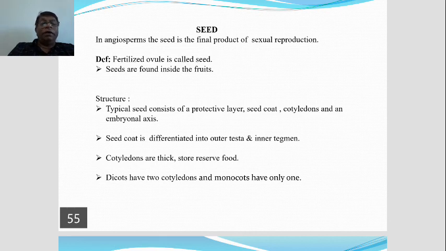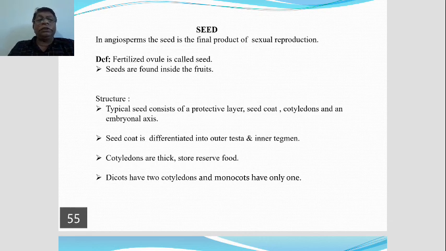Then, the structure of a seed. It's also very important. If we examine a typical seed, you may take a dicot seed, a bean seed, a very good example. A typical seed consists of a protective layer.